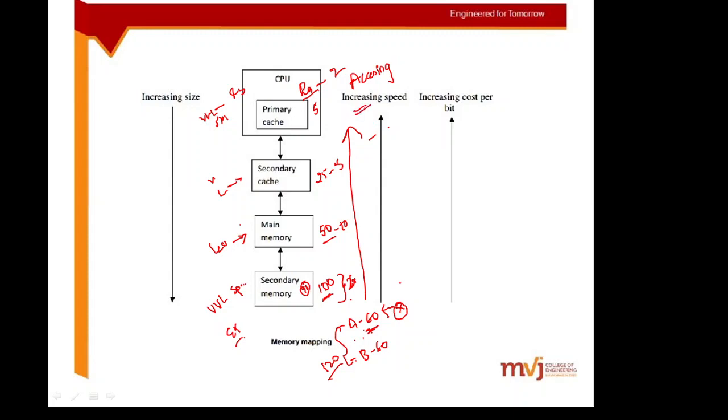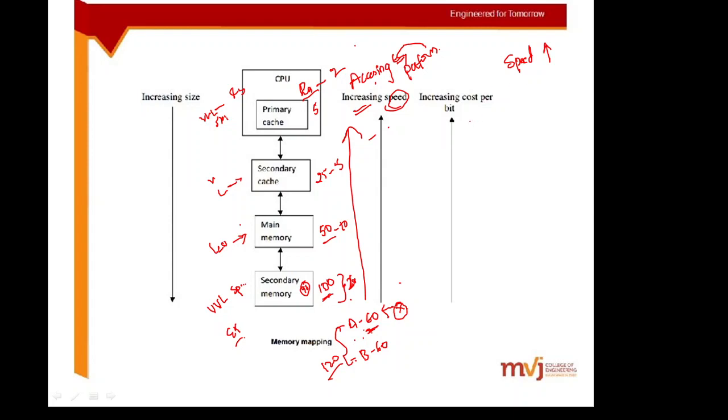Why? Because if the accessing speed is increased, then the performance is also going to increase. Performance depends on the accessing speed. The accessing speed is the number of bits executed per second, that we call the access speed. So the speed is going to increase over here.